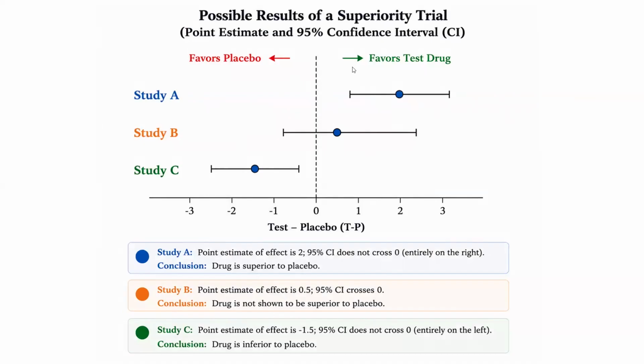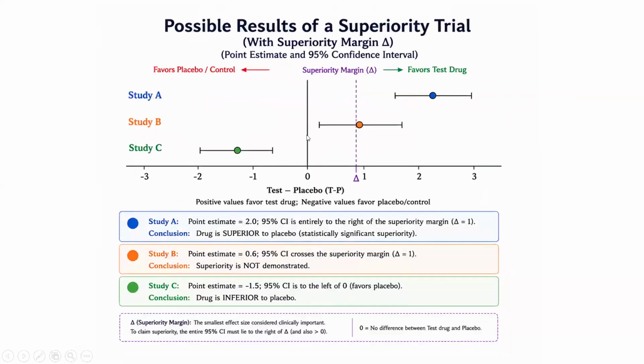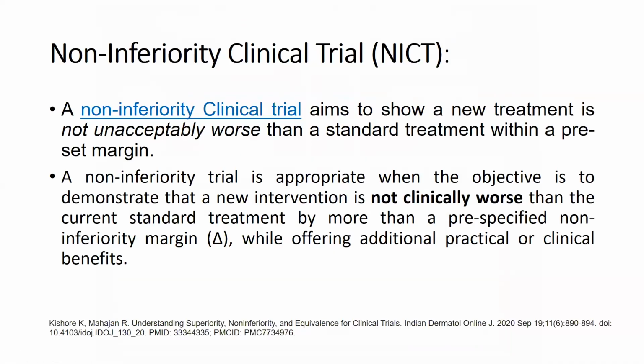Now, move to next. Now, non-inferiority clinical trial. The aim of the non-inferiority clinical trial is to show a new treatment is not unacceptably worse.